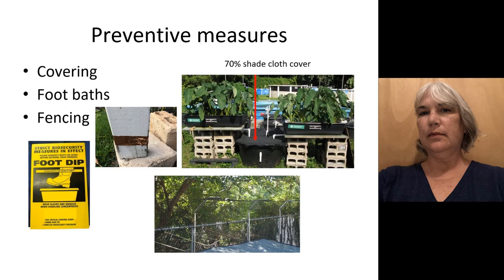Covering the fish tank not only prevents pests from getting into the fish tank, but it also prevents algae buildup, which can compete with the production of your plants, the things that you want to grow. This is a snail tape, a copper tape that prevents snails from climbing up to the grow beds, and fencing.